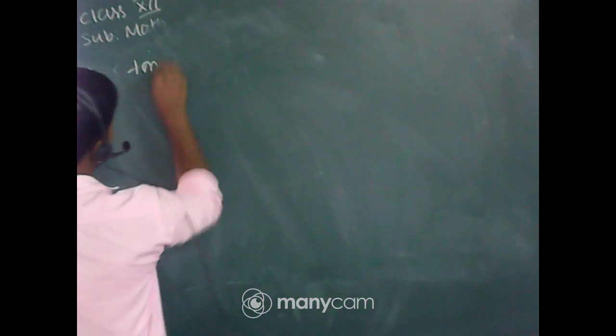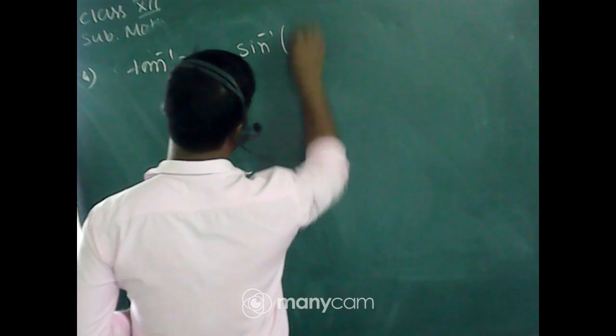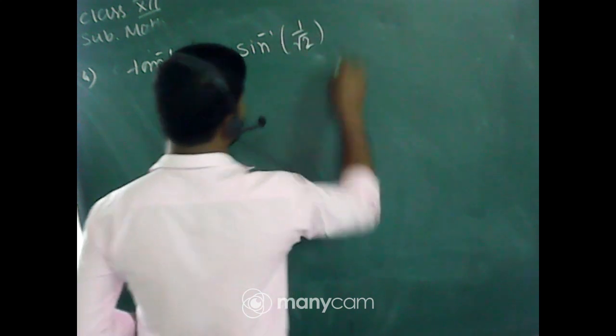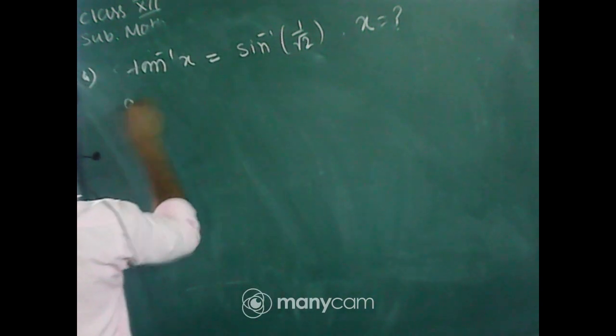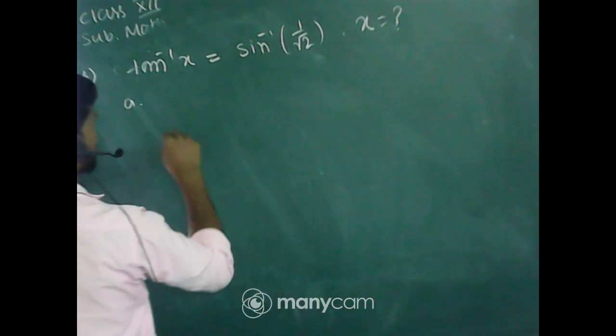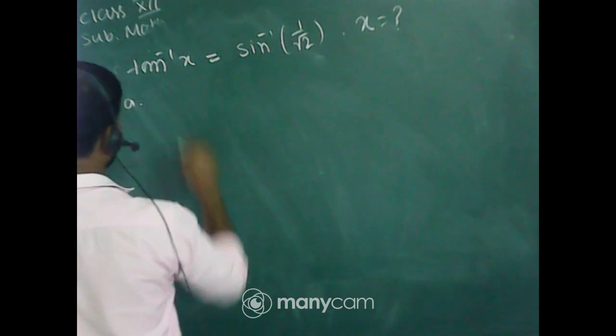Okay, the next question is, question 4. If tan inverse x is equal to sine inverse 1 by root over of 2, then the value of x is equal to, option A, 1.